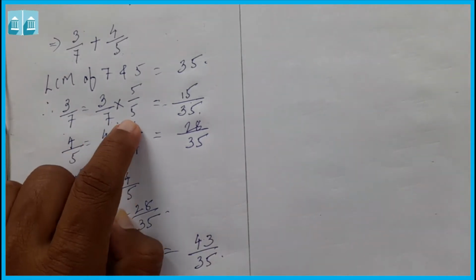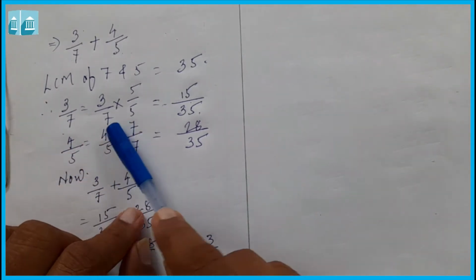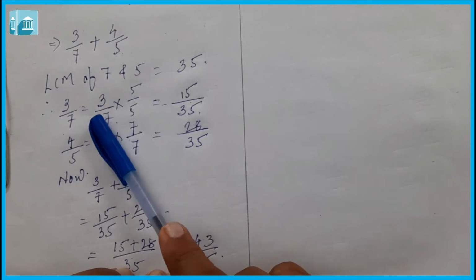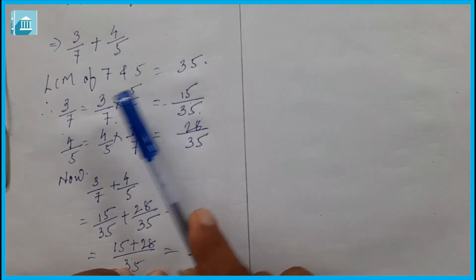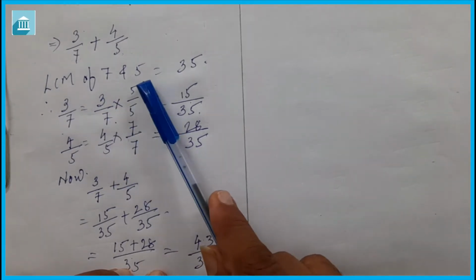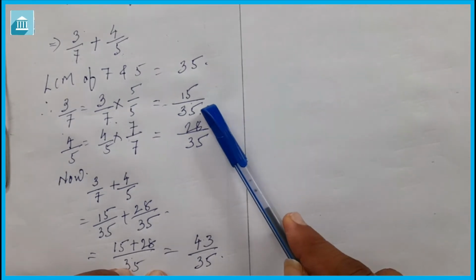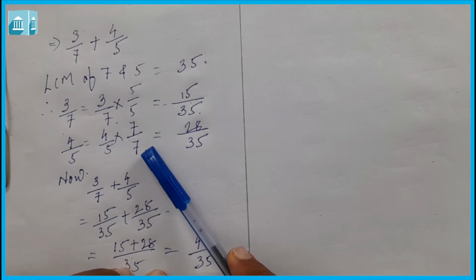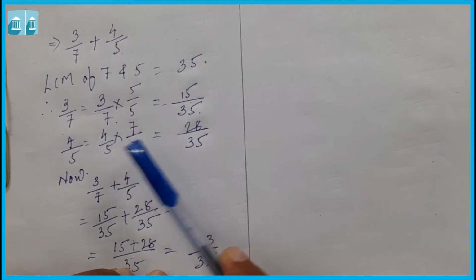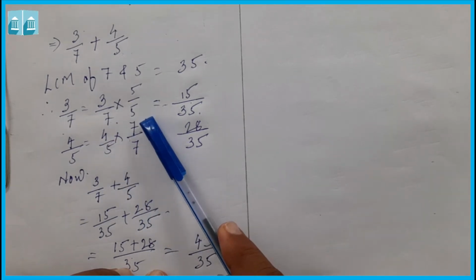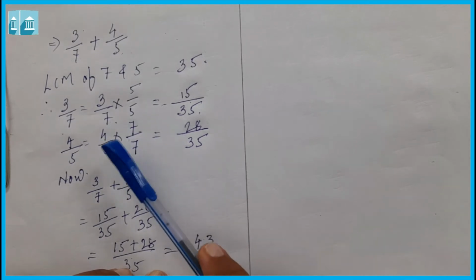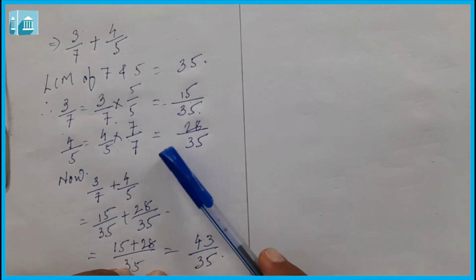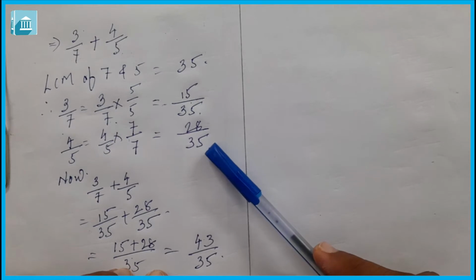As we are multiplying by 5 with the denominator here, we have to multiply the numerator also, so 3 upon 7 into 5 upon 5 is equal to 15 upon 35. In the same way, here we are multiplying by 7 with the denominator, so with the numerator also we have to multiply by 7, so 4 upon 5 into 7 upon 7 is equal to 28 upon 35.